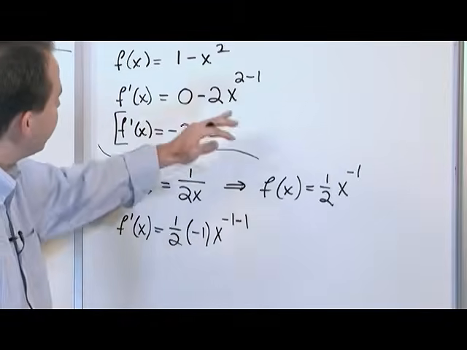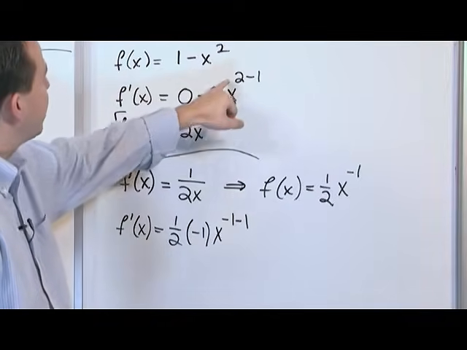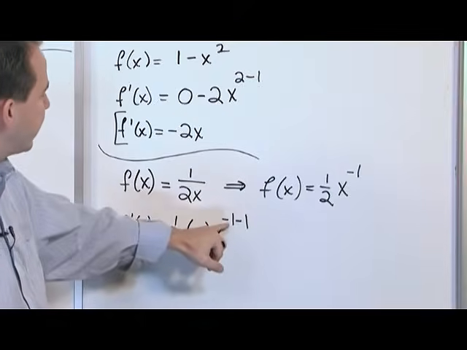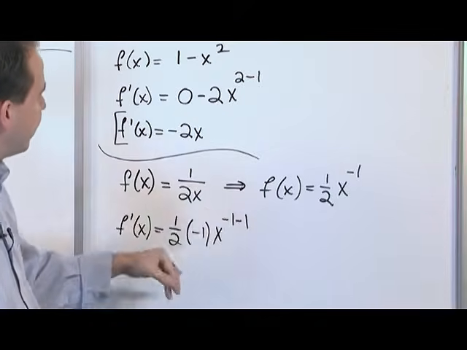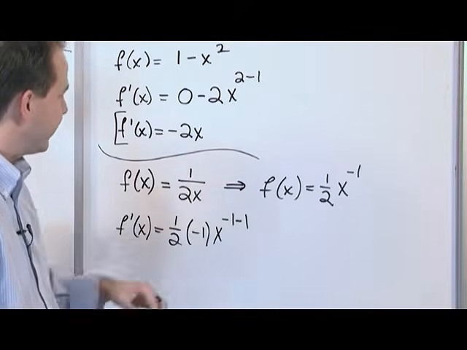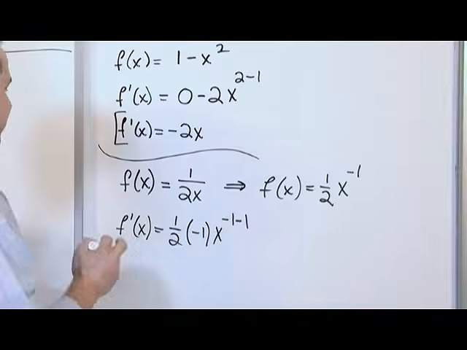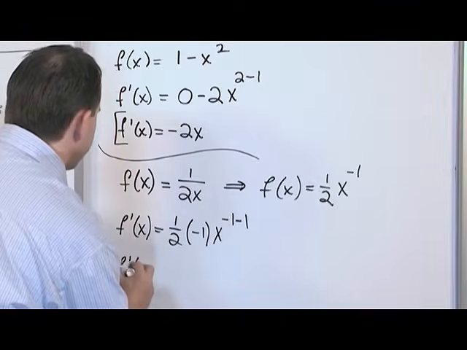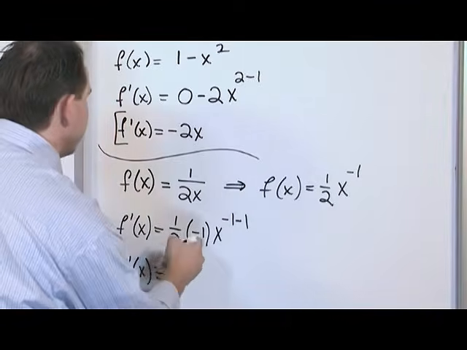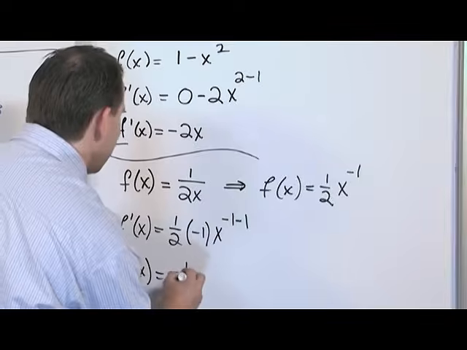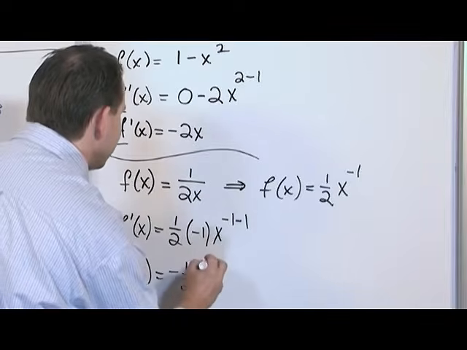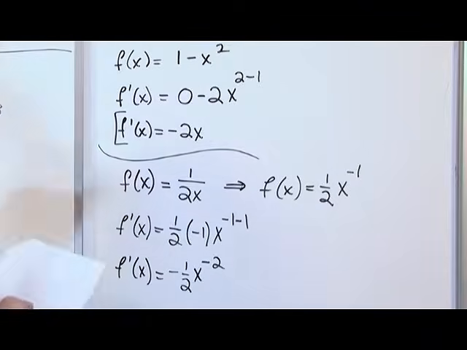This is exactly what we've been doing before, where we took the exponent and subtracted 1. Well, here we're taking the exponent and subtracting 1. Only difference is my exponent is already negative, right? But I'm doing exactly the same thing. So the derivative is going to equal, with this negative, it's going to be negative 1/2 times x to the negative 2.